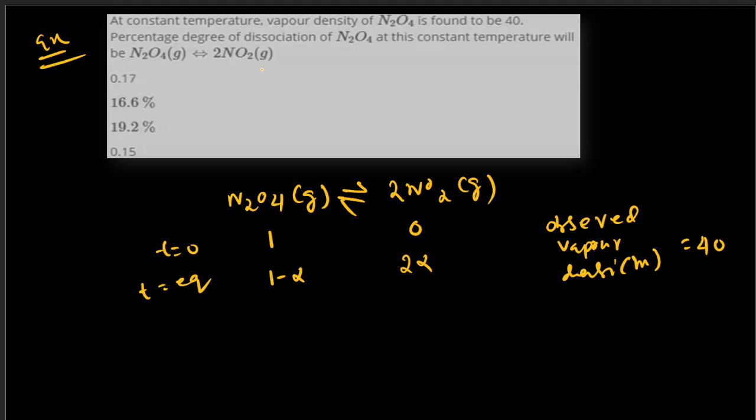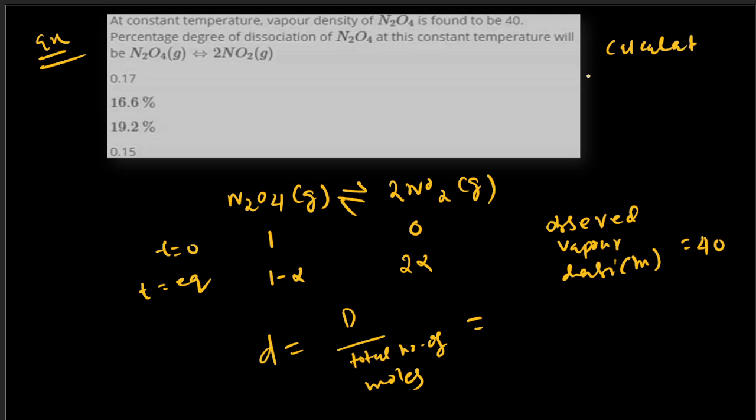So we know that m equals, D equals capital D, then total number of moles. So for D, how do you calculate the vapor density?